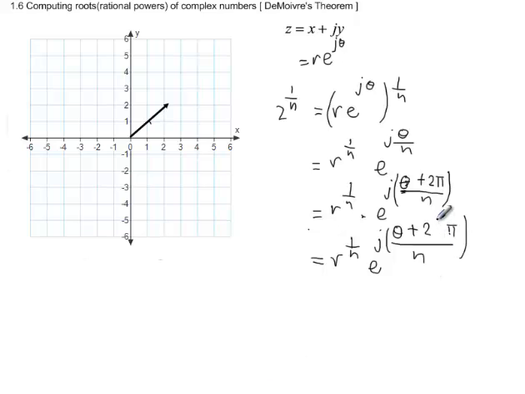Let me use k. k is actually an integer. I can say k can be 1, minus 1, 2, minus 2, because if I take that vector again, that is minus 2 pi.